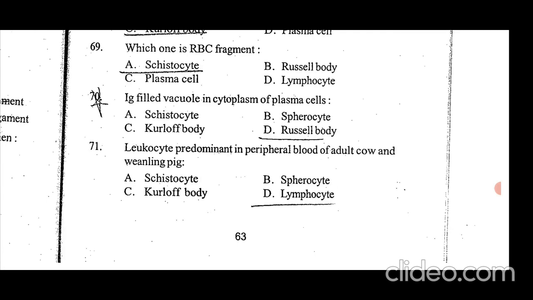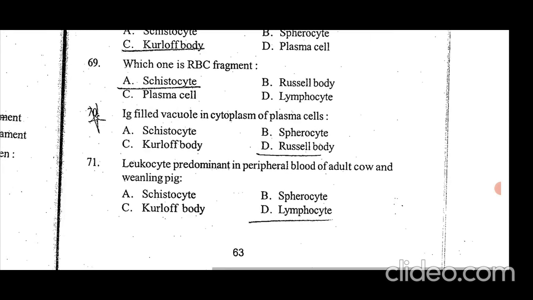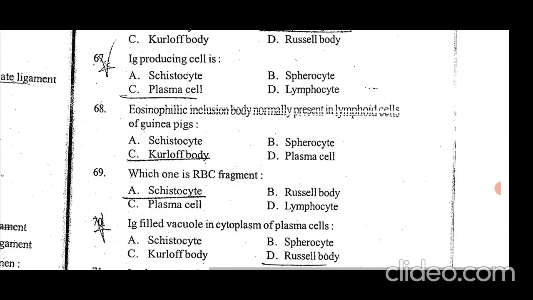In summary, lymphocytes are the predominant leukocytes in the peripheral blood.